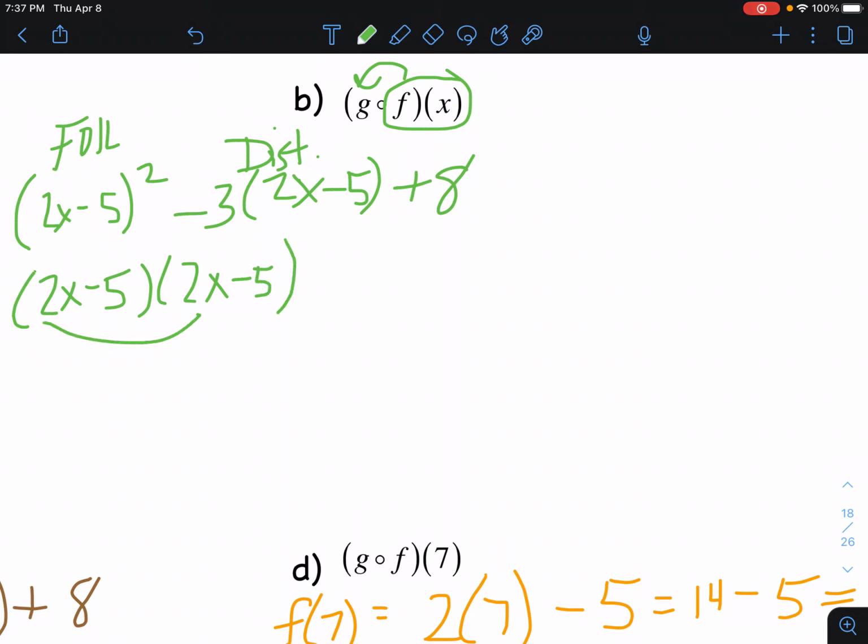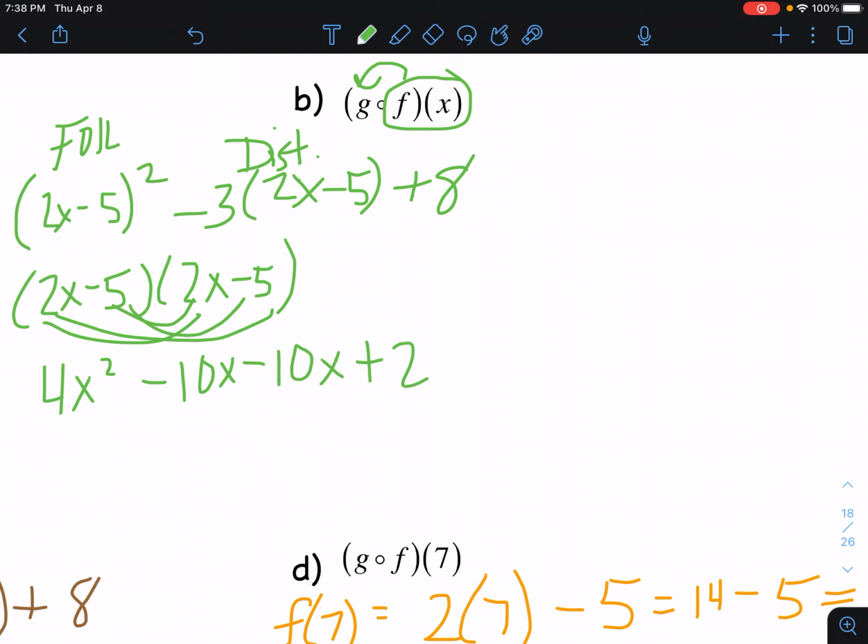So first, outside, inside, and last. And I'm also distributing now the negative 3 times 2x, negative 3 times negative 5, and bring down the plus 8 at the end.